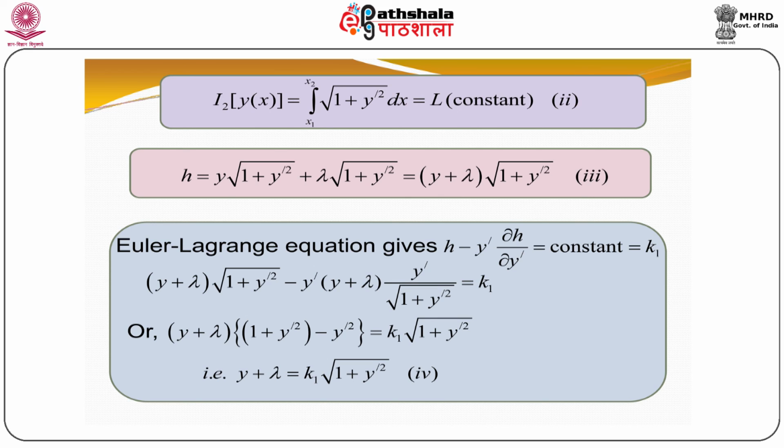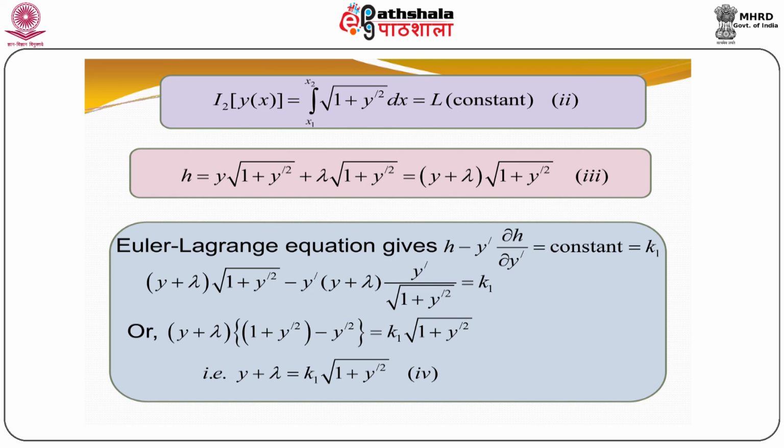of the center of gravity of the string, we get I1 which depends on y, y depends on x. We get this result from the definition of center of gravity, subject to the constraint I2 which depends on y, y again depends on x, equal to integration x1 to x2 square root of 1 plus y dash square dx equal to capital L, this is constant.